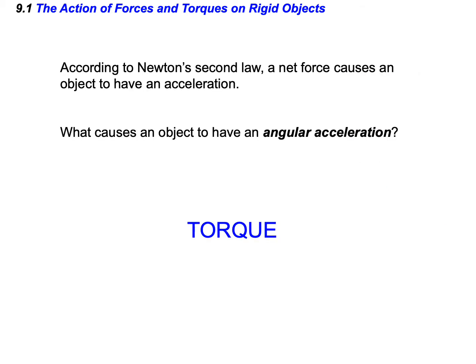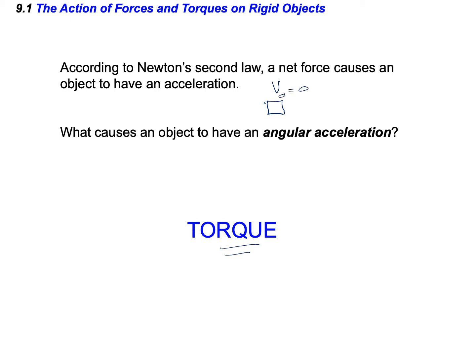Okay, next topic is torque. Before we go into this, let's go back to our previous lesson. We talked about Newton's second law. For example, let's assume we have an object at rest, which means initial speed is 0.